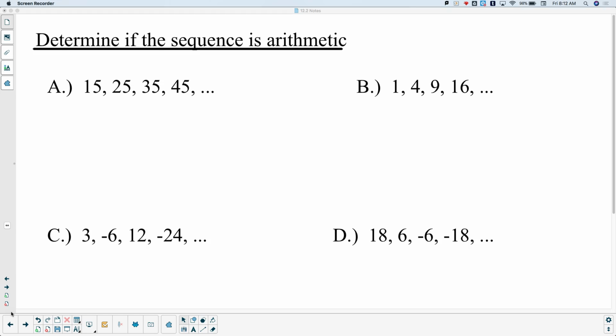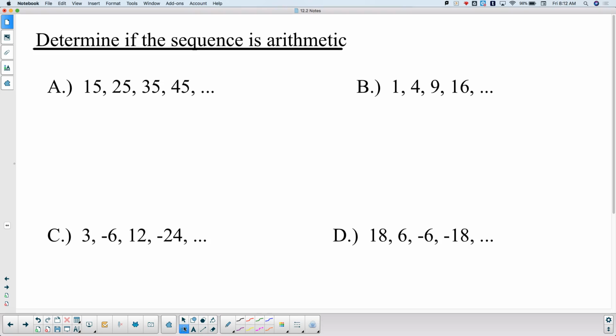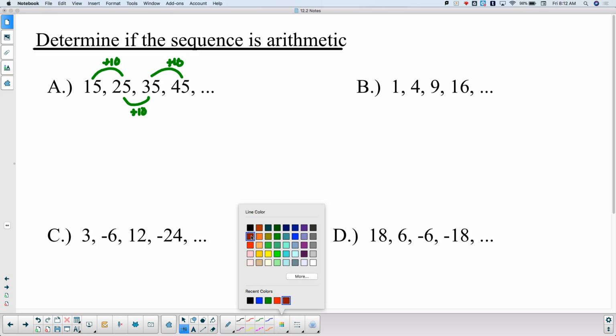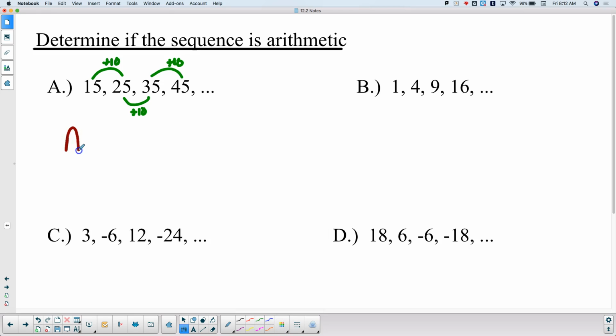Yes. What's my common difference? 10. I'm adding 10 every time. So yes, I would concur, because here it is plus 10, and here it is plus 10, and here it is plus 10, and so on and so forth. So I would say that yes, this is arithmetic.